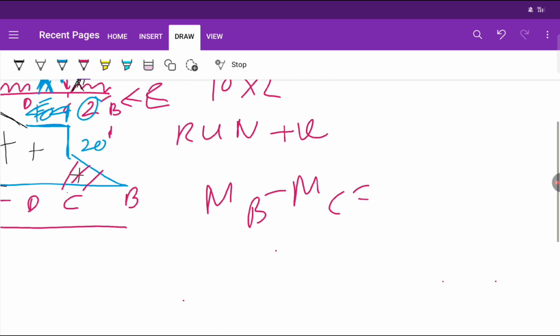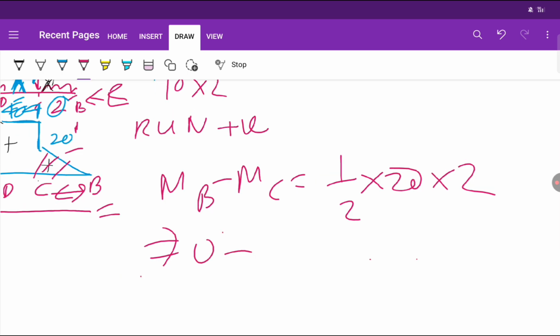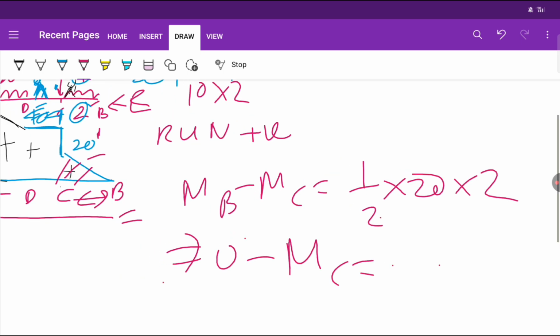This area is half into ordinate 20 into this portion 2 meter. So I will have value of MB 0 minus MC. We want to find that MC. 2 cancels, then we have 2 into 20, that is our MC is equal to minus 20.